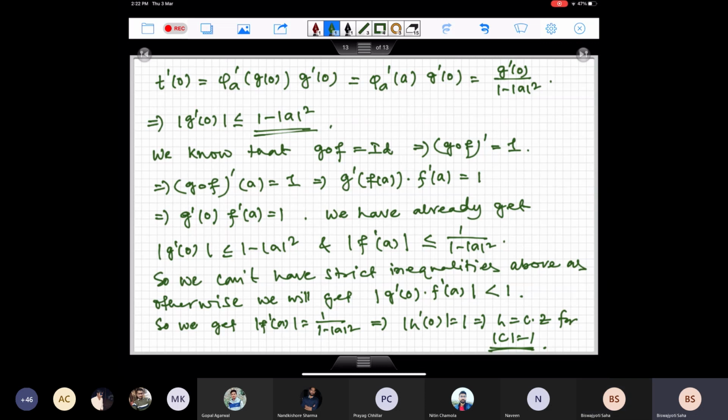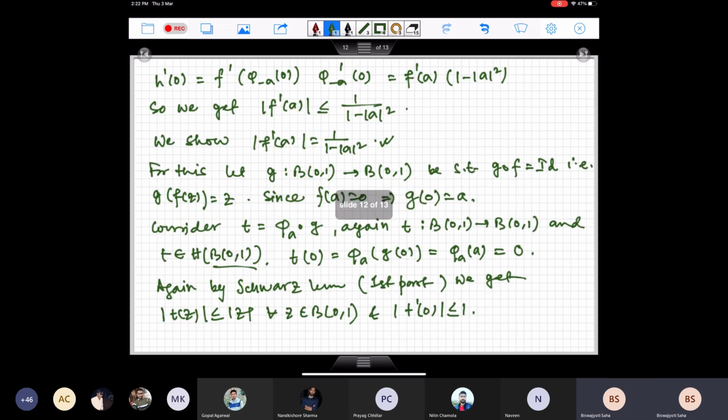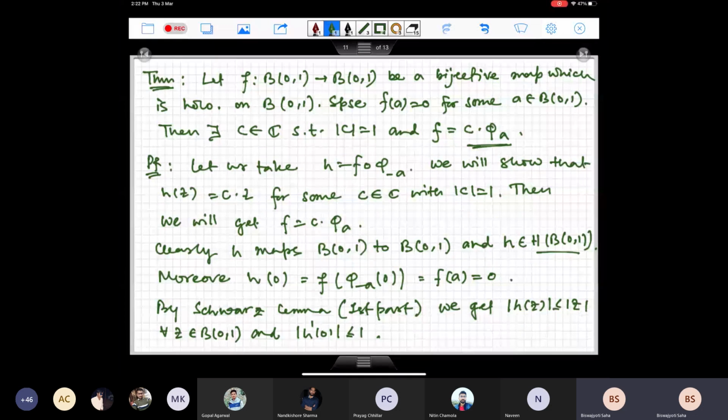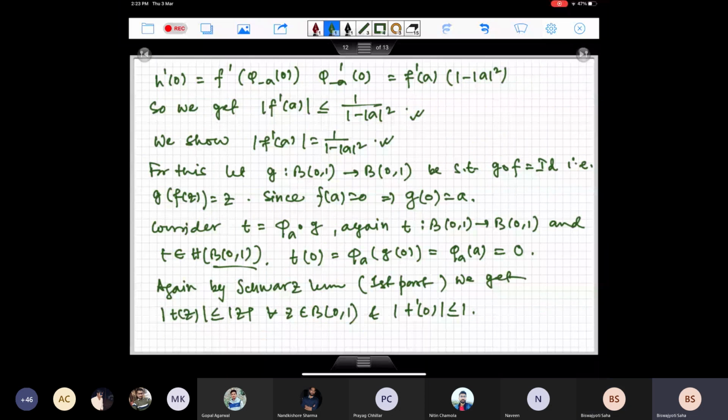Yeah. So of course, as I said, whatever I have done up to h prime and all that was okay, but this I could have done for any holomorphic function on B(0,1) to B(0,1). But I also had this added information that my function is invertible also.